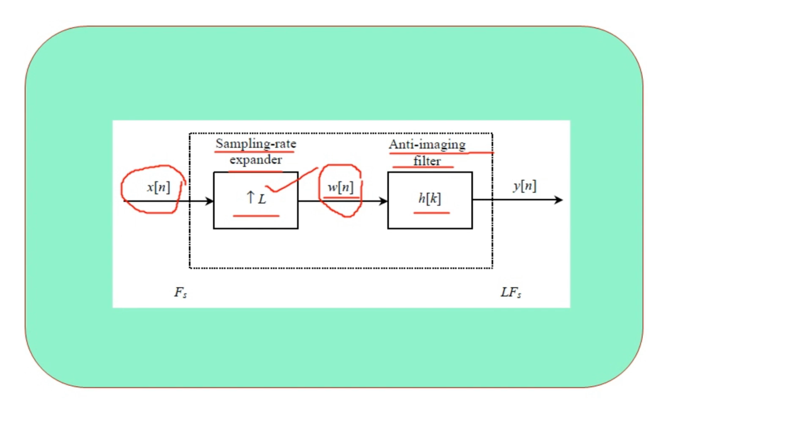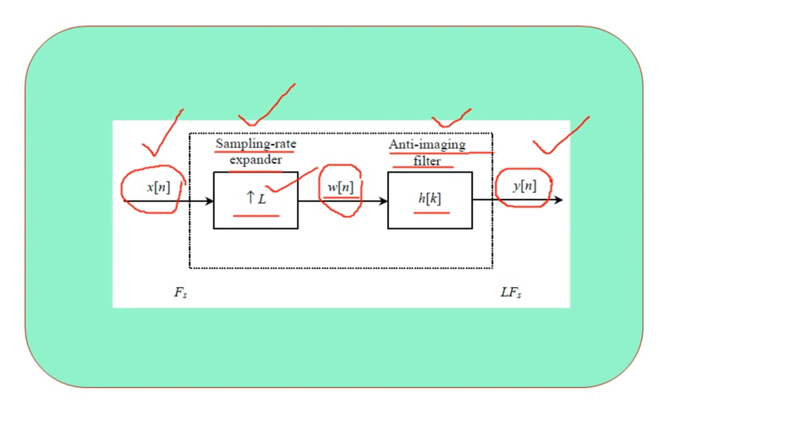So the interpolation, that is the sampling rate expander along with the anti-imaging filter, gives us the complete practical use of the interpolation or upsampling, where we obtain the output discrete time sequence denoted by y of n, produced from x of n.